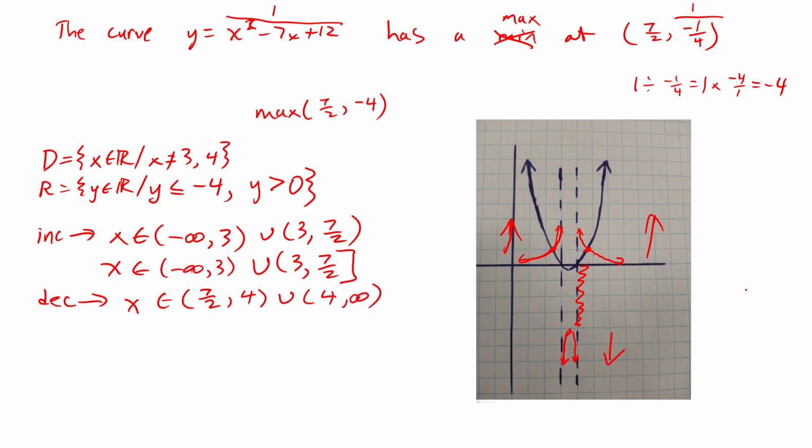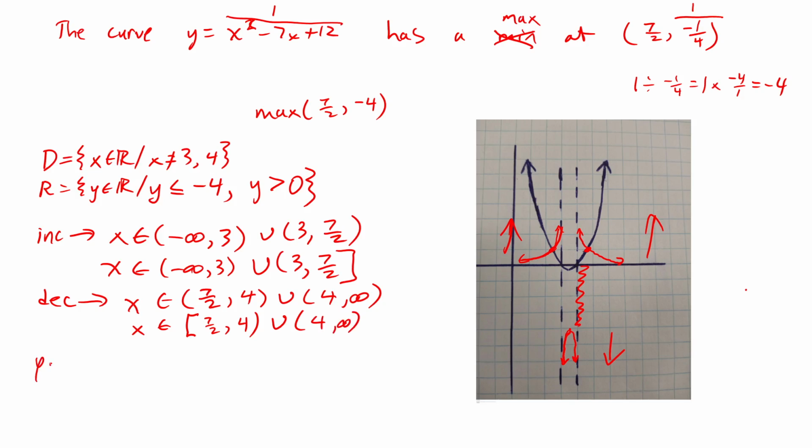So we can say our decreasing interval is everything from 7/2 to 4. That's the right part of the bottom portion of the curve, in union with everything from 4 to infinity. And like I've been saying, I think it's more appropriate to include the 7/2 in the decreasing interval as well.